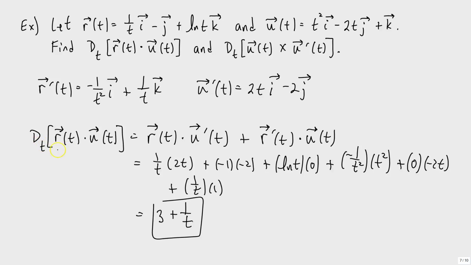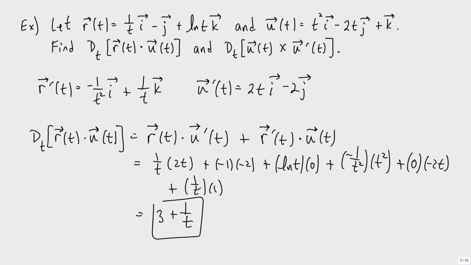So the derivative with respect to t of the dot product of those 2 functions will be 3 plus 1 over t. But we also want the derivative with respect to t of the cross product of u and its derivative.